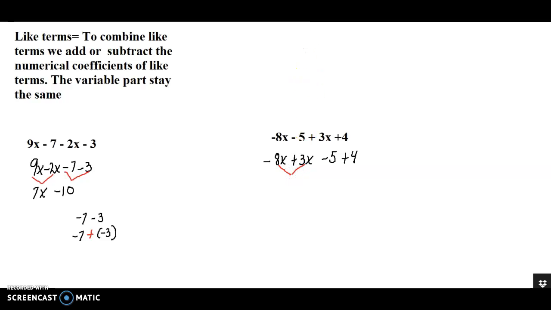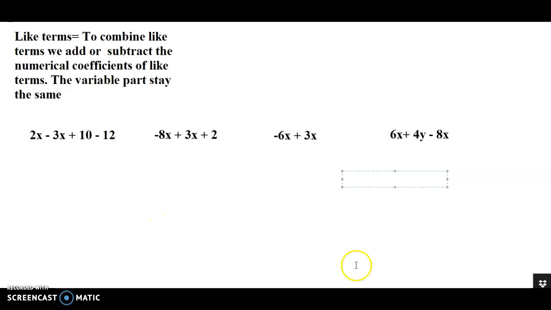And a negative 8 plus 3 is a negative 5. And it'll be a negative 5x. And now we're going to combine this together. And when we combine those two together, we get a negative 1. So my answer there is a negative 5x minus 1.